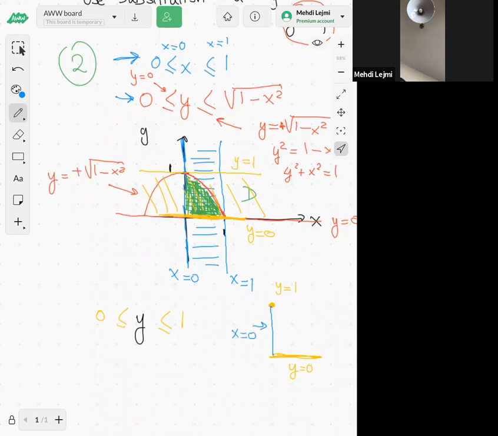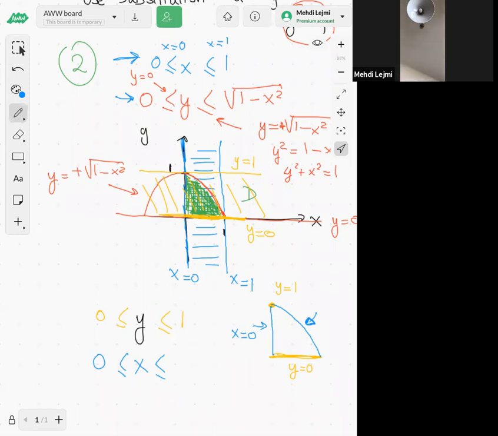So for x, you start with 0, and then we have this circle here, in the first quadrant. What's the equation of this graph here? Well, it's your circle in the first quadrant, so it's just x squared plus y squared equals 1 in the first quadrant.